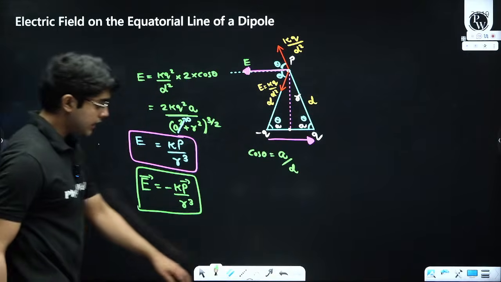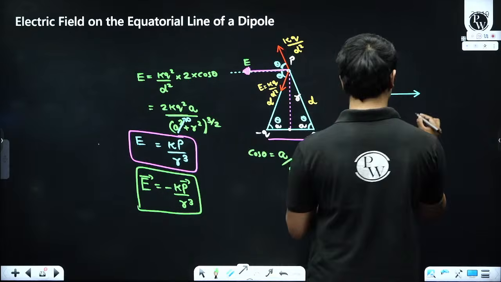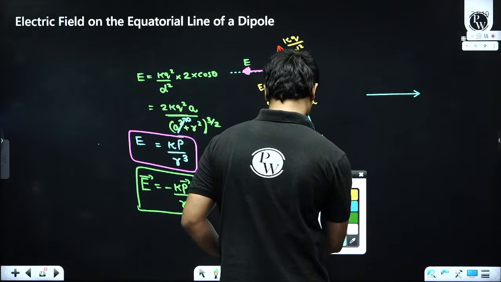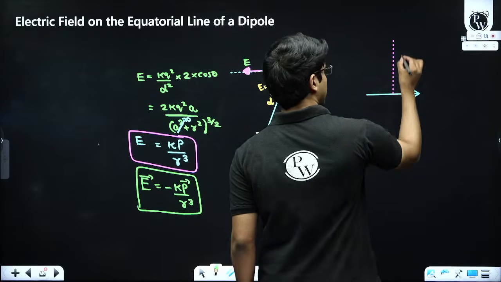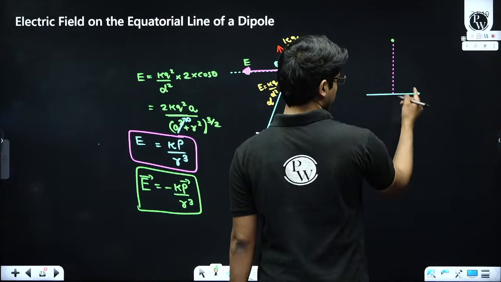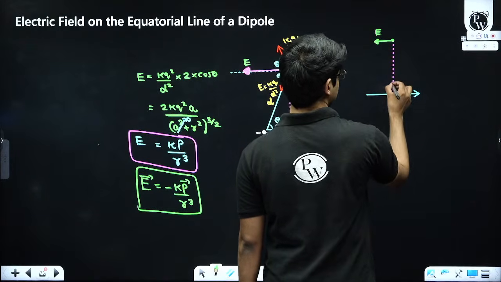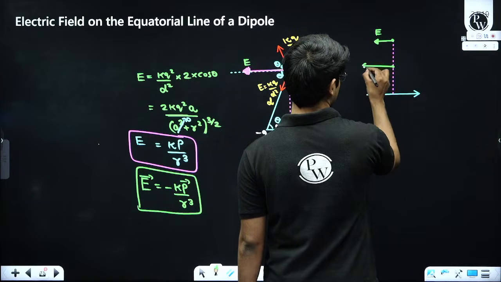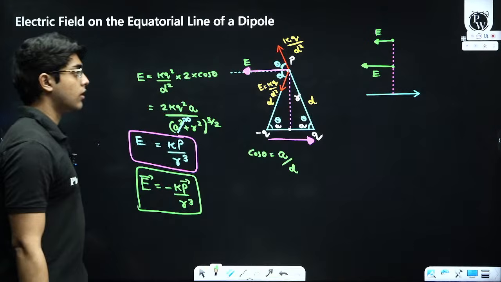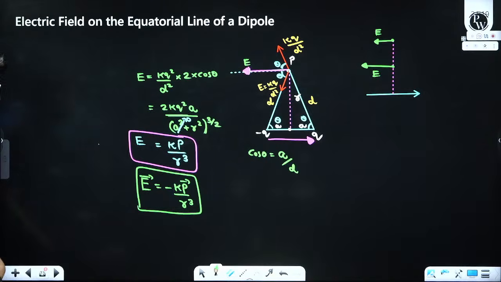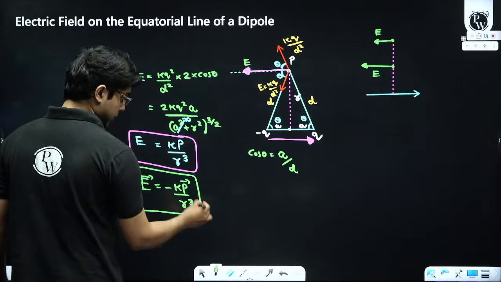So in the axial case, once again summarizing, if you have the dipole moment like this to the right, draw the axial line, and at any point the field will be opposite to the dipole moment, which means to the left. Here also it will be to the left. So on the axial line, the field is in the opposite direction of the dipole moment, and the magnitude value is also important, kp by r cube.